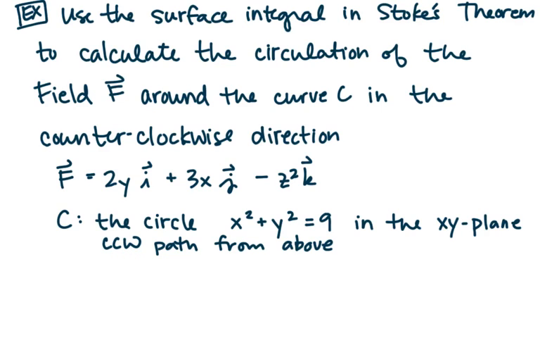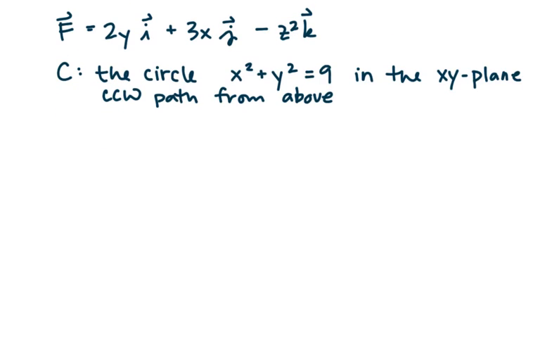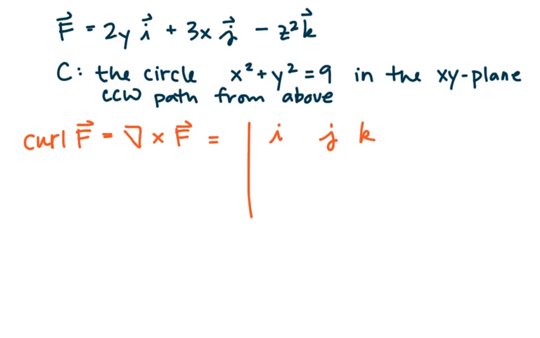So in order for us to use Stokes' theorem, we first need to calculate the curl. So the curl of F, and we did this in the previous example, is del cross F. Or rather, we're going to have i, j, k. We've got partial with respect to x, partial with respect to y, and partial with respect to z.